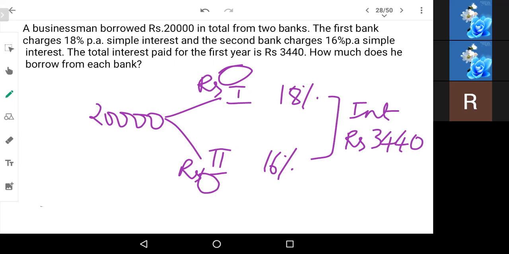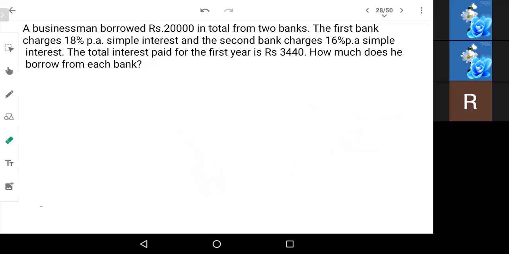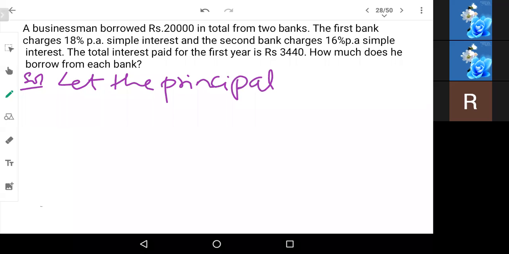Okay, now let us define few variables and then we will directly get into the problem. So firstly, let the principal borrowed be X. This is obviously X rupees.